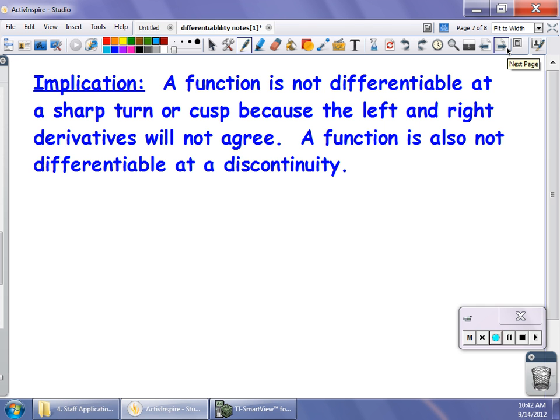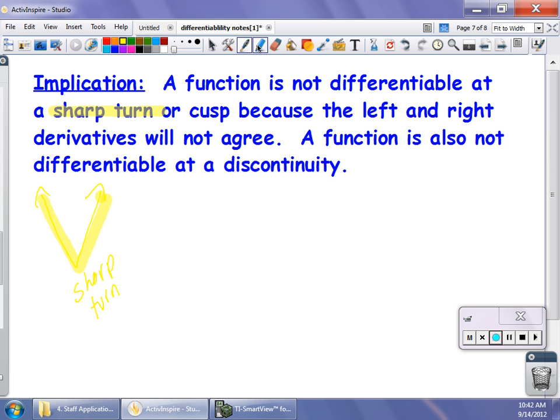So the implications are a function is not differentiable at a sharp turn. The sharp turn case would be what we had in our absolute value. There's a sharp turn at the vertex.